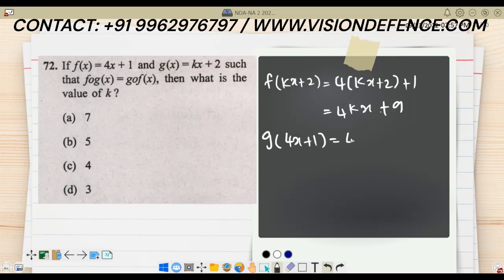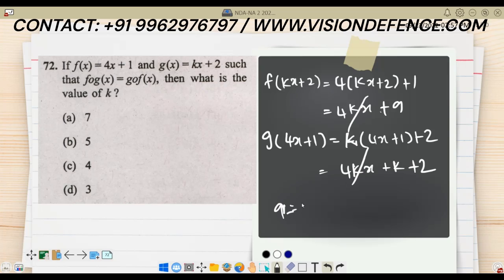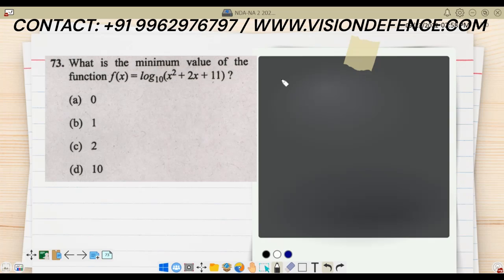This value is going to be k into 4x plus 1 plus 2. So this is going to be 4kx again plus k plus 2. So if both are equal, we can cancel these, and then 9 equals k plus 2. So k equals 7. A is our answer.